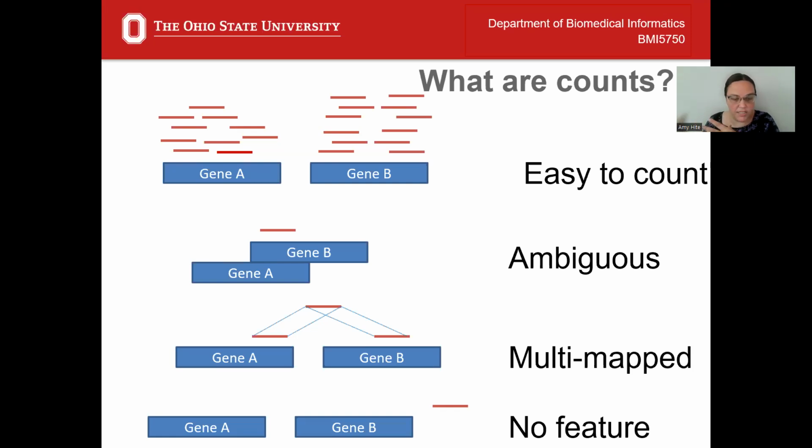Maybe a part of a gene, a brand new exon that scientists have never discovered exists right here, and this read maps to it, but in our genome annotation, it doesn't know it's there. So this gets classified as a no feature. We can't use these reads. So we're counting reads mapping to known gene locations. And that is what we're downloading from these tables from publicly available data.